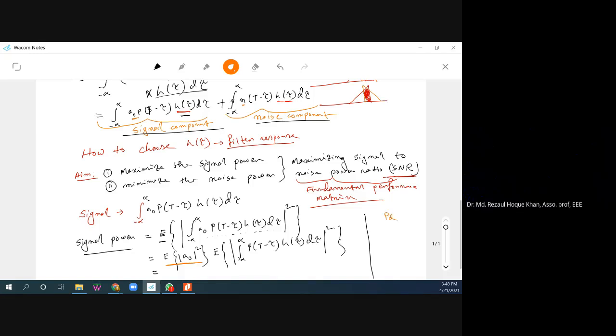Remember, we solved it in the previous equation. So this will be the PD. What is PD? PD is the power of the data symbol.